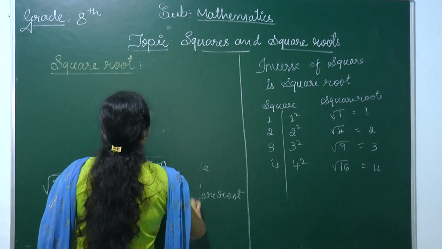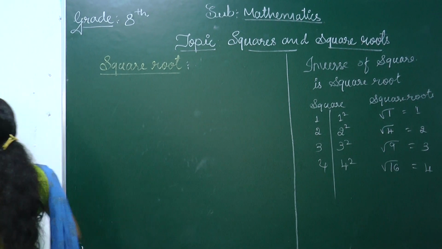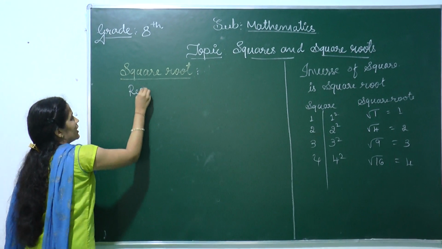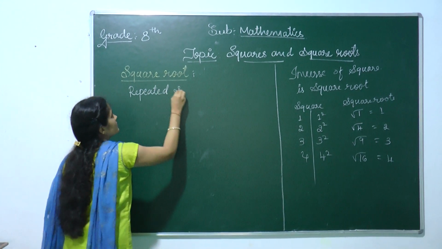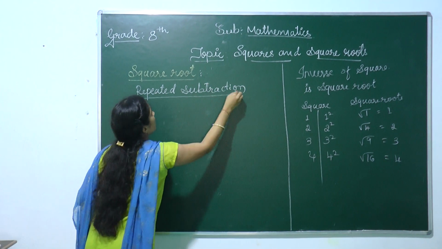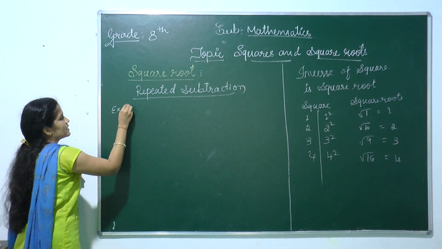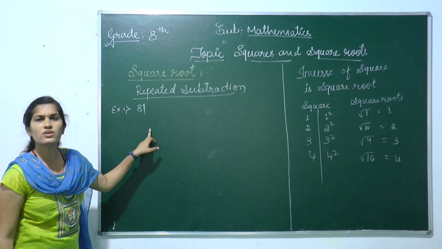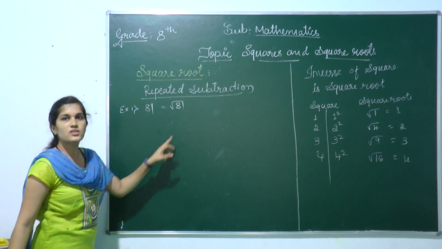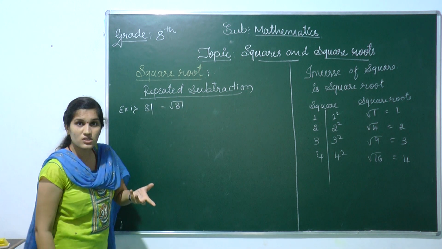The first one is how to find the square root by repeated subtraction. How do we subtract?